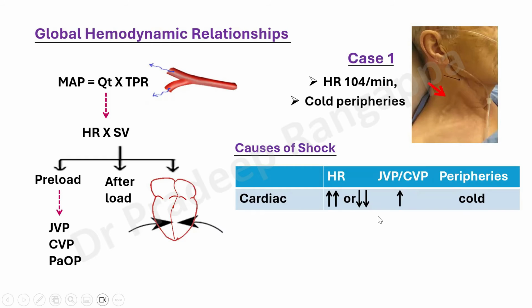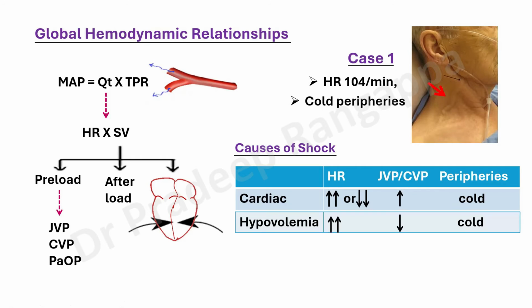JVP will be elevated, or CVP, left ventricular filling pressure or pulmonary artery occlusion pressure will be high. Peripheries will be cold. This is an important aspect to keep in mind when dealing with cardiogenic shock or cardiac failure causing the shock.